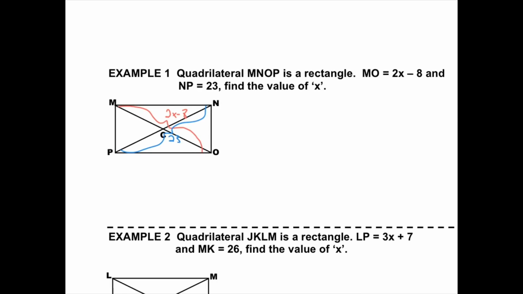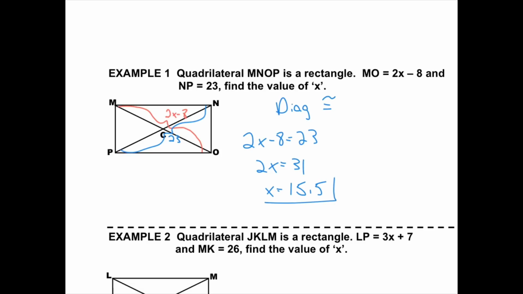And it wants us to find x. Well, I remember from the last page that diagonals are congruent. So I'm going to set these equal to each other. 2x minus 8 equals 23. That means 2x equals 31. That means our x value is going to be 15.5. So pretty easy. Things being congruent is nice.